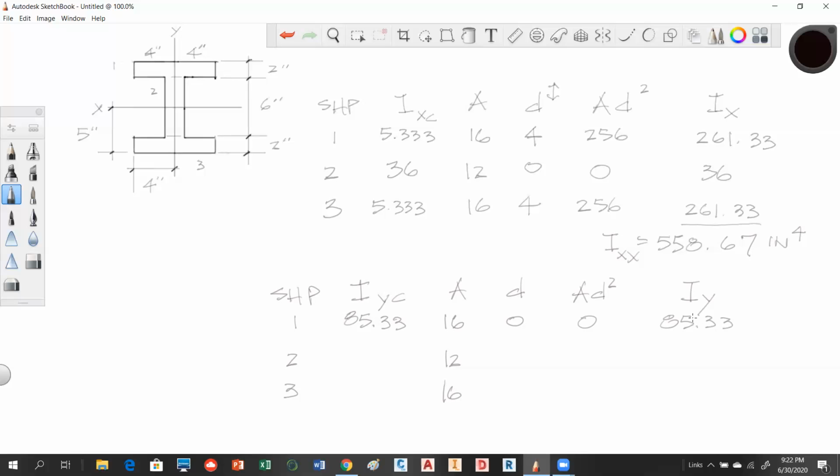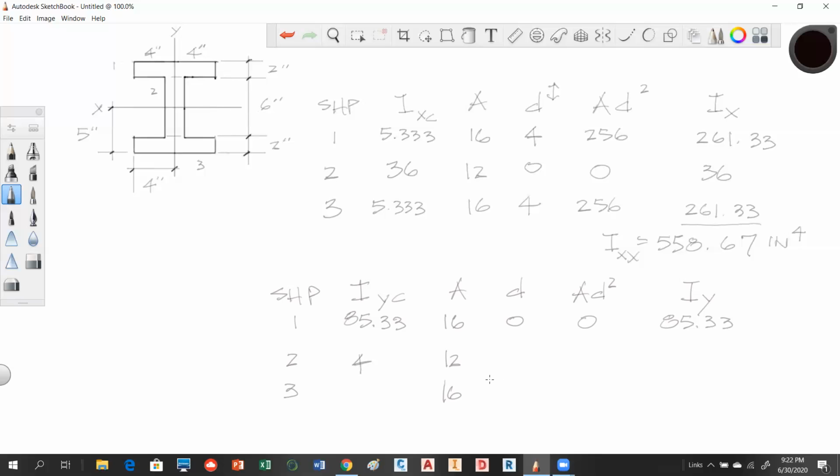Okay. So now we're looking at shape 2. Base is 6, height is 2. So we have 2 cubed times 6 divided by 12. And that gives us an IY of 4. Okay, so notice again, this is a heck of a lot stiffer here than it is here because we're orienting it this way versus this way.